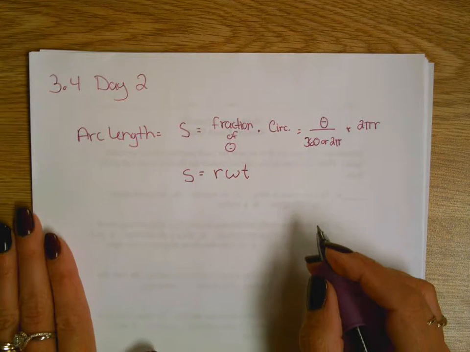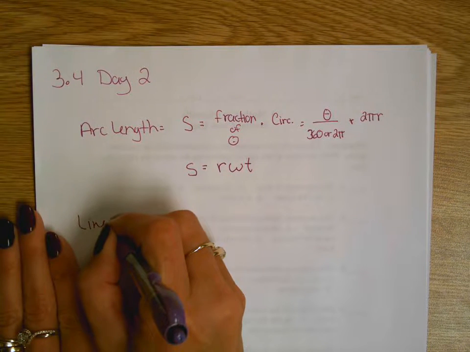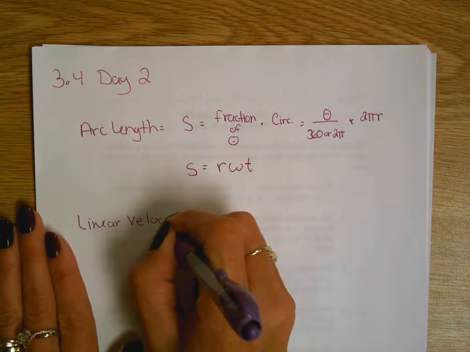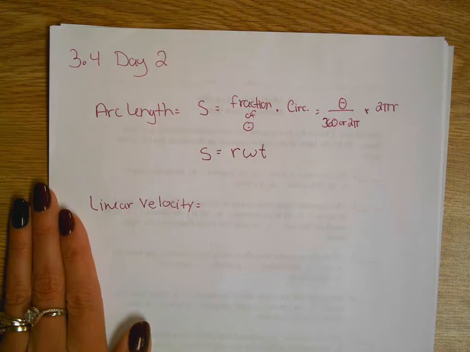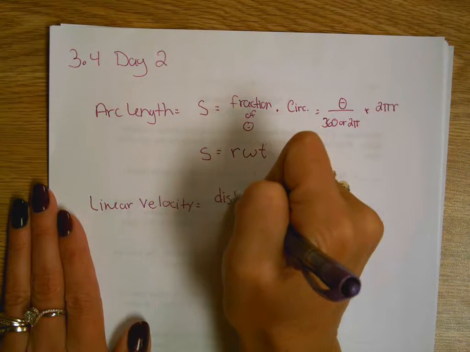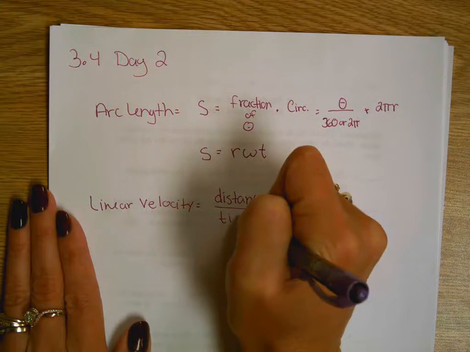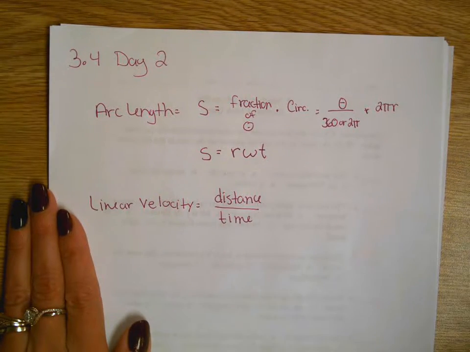Then we moved into velocities. Linear velocity is like miles per hour, inches per second. So you've got some kind of linear distance over time. Distance divided by time. And because we're talking about things moving in a circular pattern, our distance is our arc length.